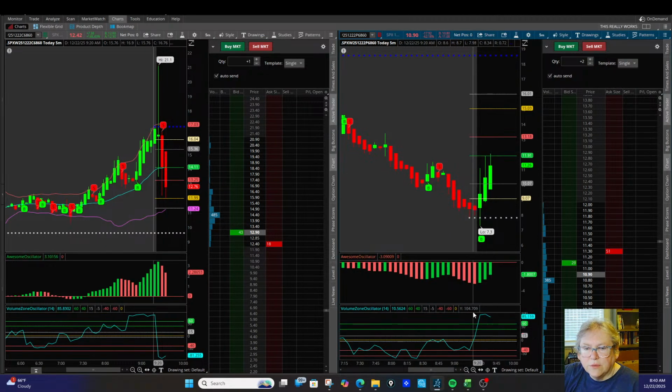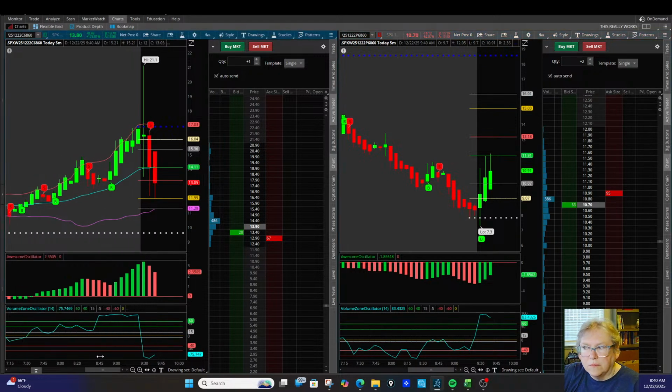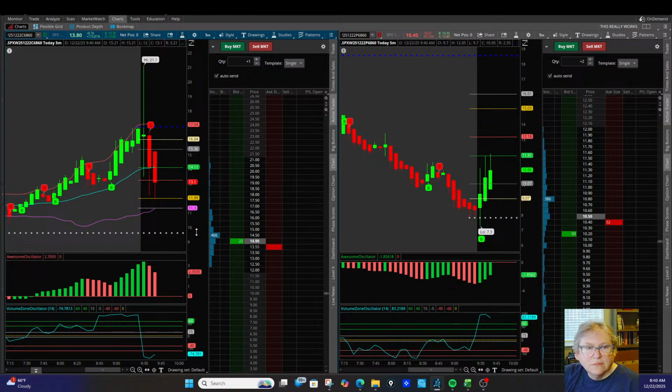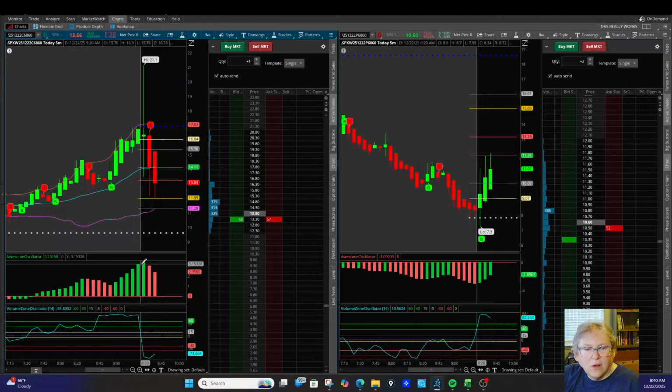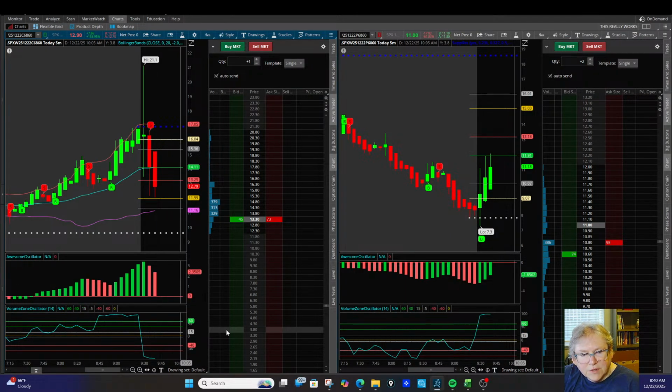Okay, the volume zone oscillator has started to go down a little bit. I would like to see this awesome oscillator in calls go down, think of it like down below 0.